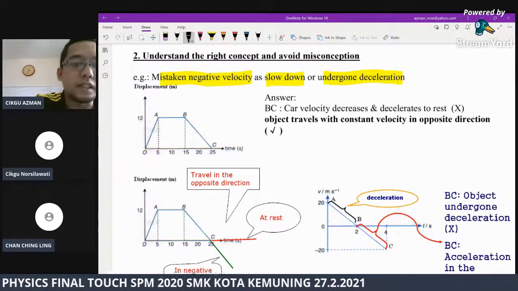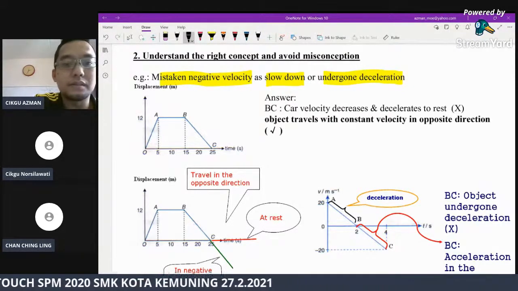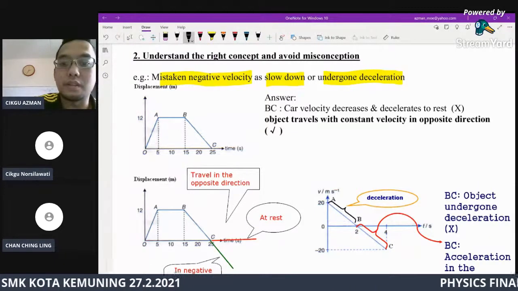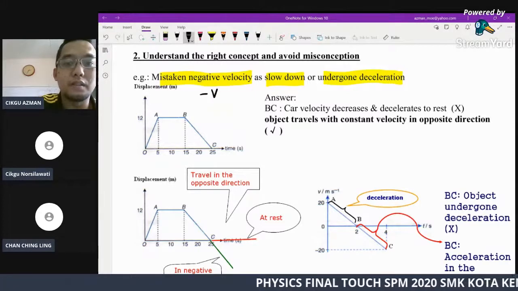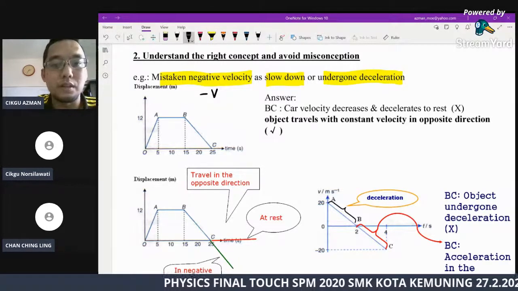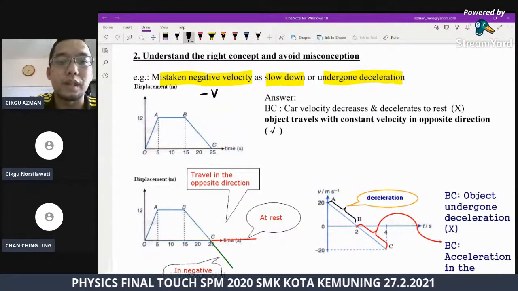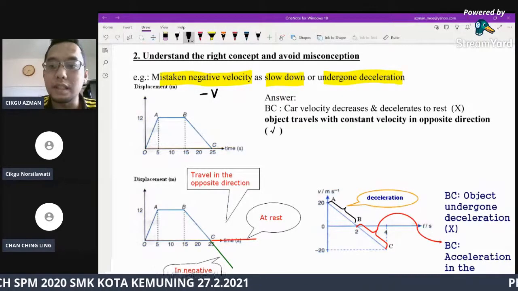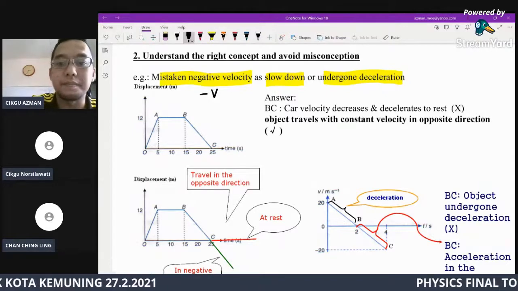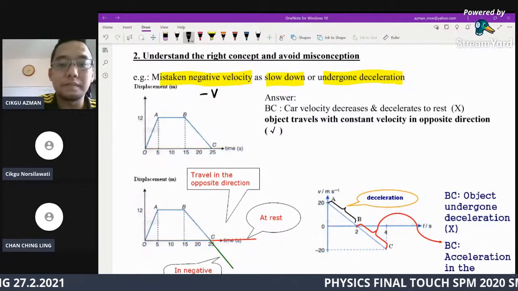Now first, kita tengok graph. So negative V is not slow down. So negative V meaning change direction, move in opposite direction.